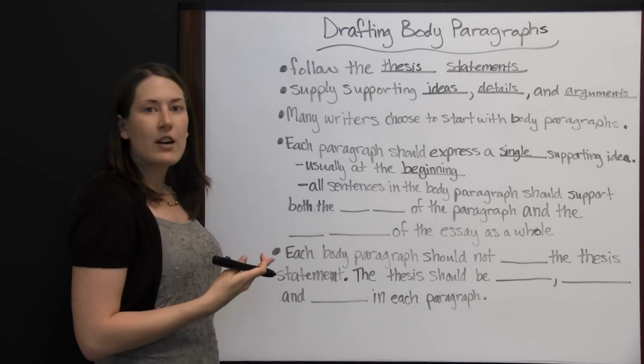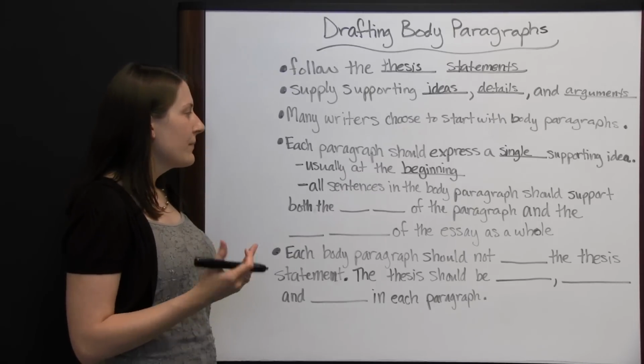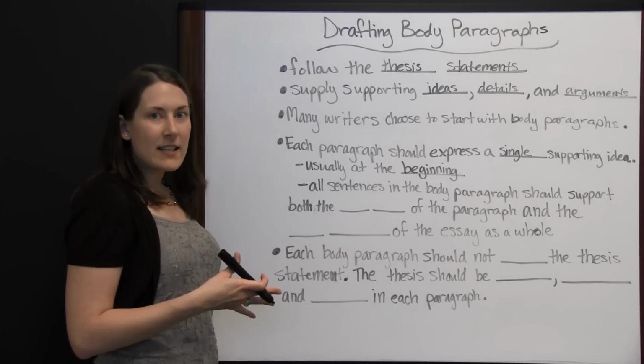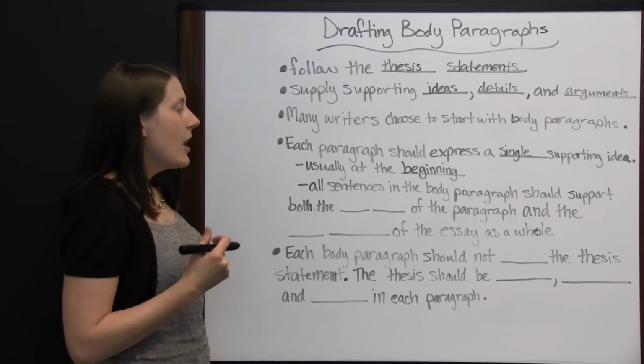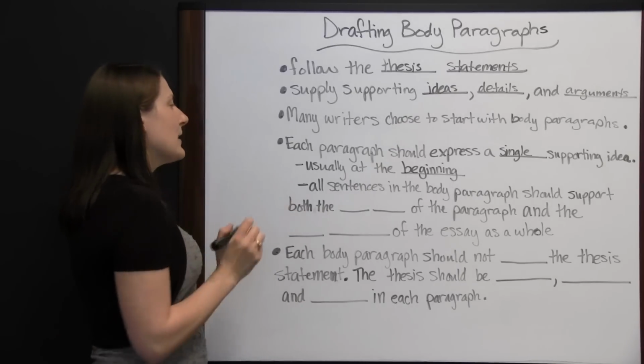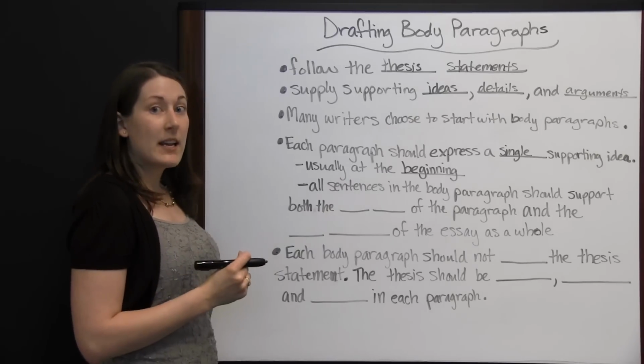Now, sometimes the writer will save it for the end of the paragraph as a dramatic gesture, or it might be in the second sentence if the first sentence was used as a transition between body paragraphs. But usually, you'll find your single supporting idea spelled out for you in the beginning of a paragraph.